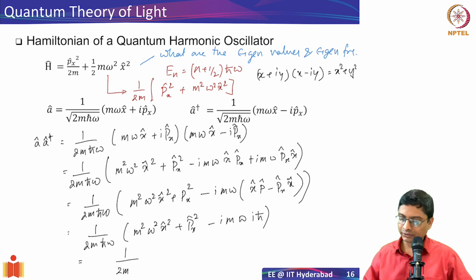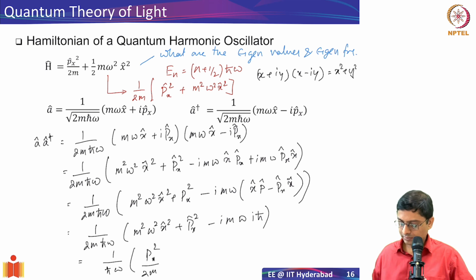So if I do that, I get 1 over h cross omega into 1 over, this is px square by 2m plus half m omega square x cap square.